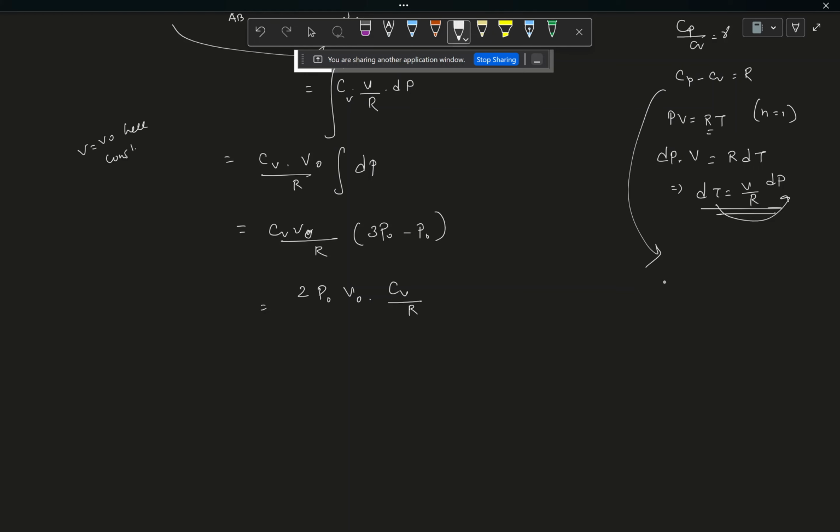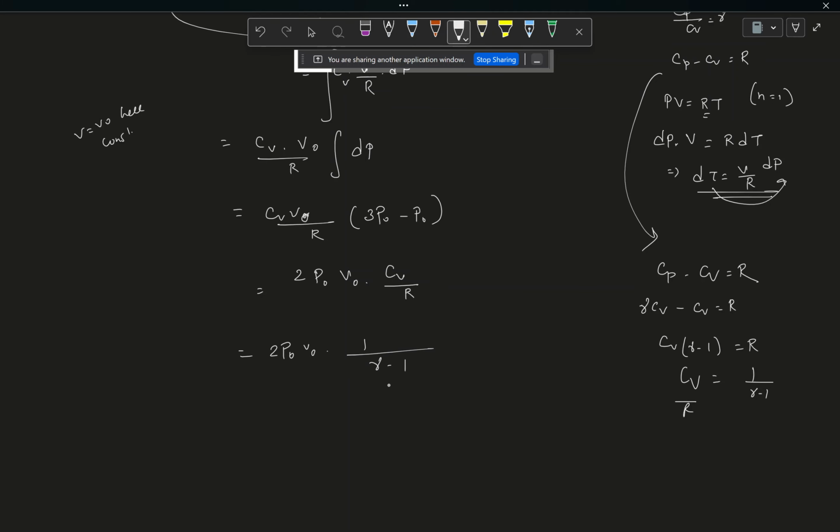Now if Cp minus Cv equal to R for 1 mole and Cp equal to gamma Cv, then gamma Cv minus Cv equal to R. So Cv times gamma minus 1 equal to R. So Cv by R is equal to just 1 by gamma minus 1. So that we replace here, 2 P0 V0 into 1 by gamma minus 1.